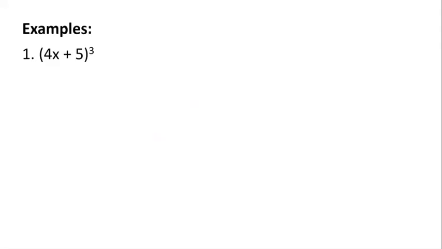Now, since we are finding the cube of 4x plus 5, the cube of this binomial, therefore we will use the pattern cube of a binomial. Since yung operation sa gitna ng 4x and 5 is addition, therefore we will use the first pattern.